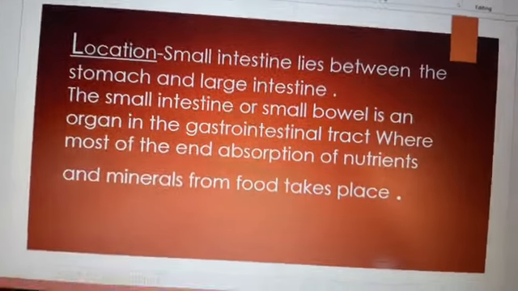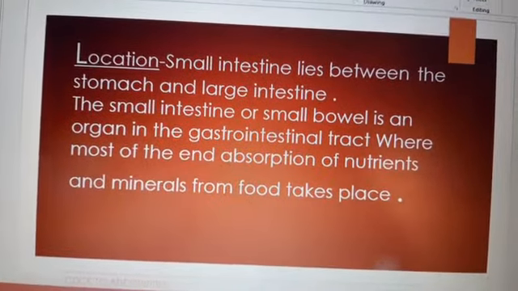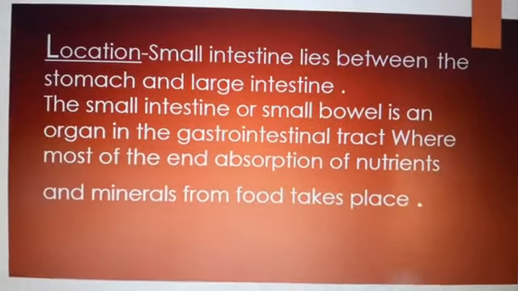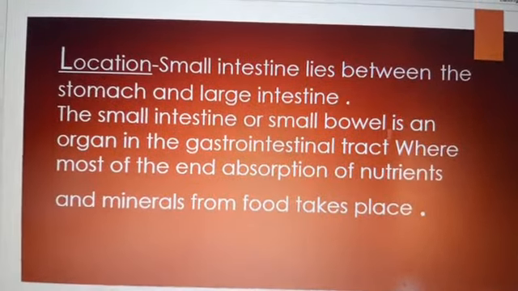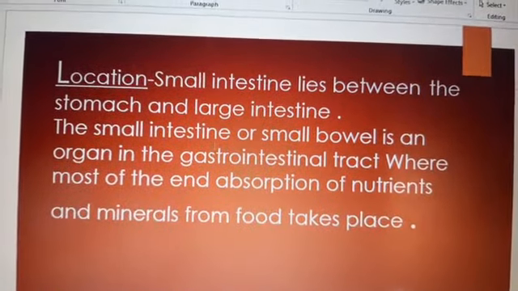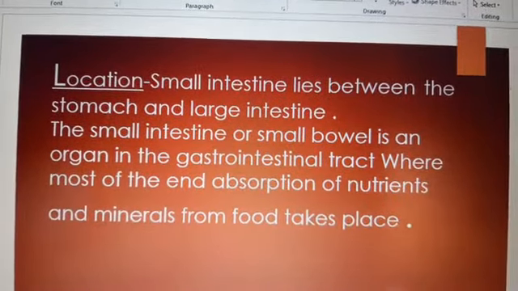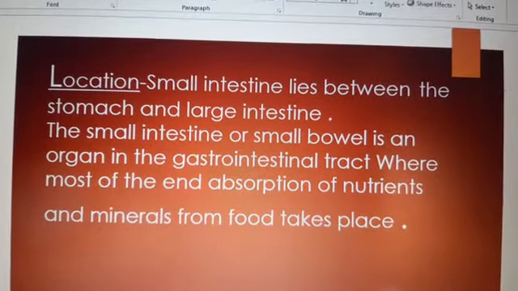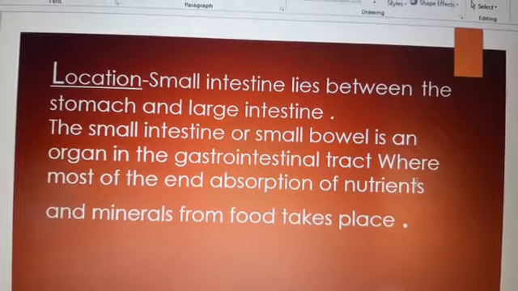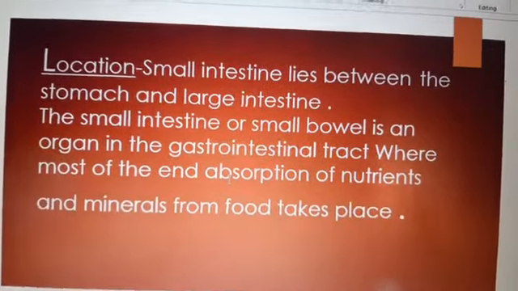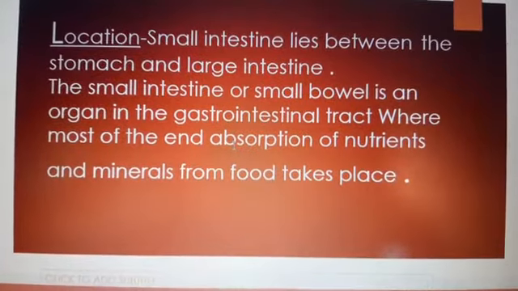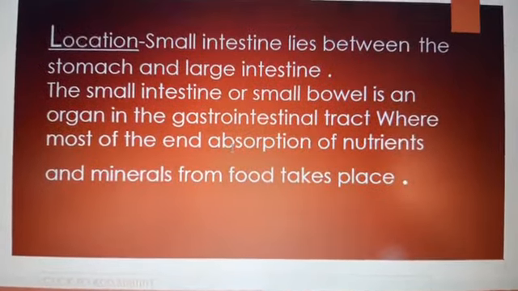We already know the small intestine lies between the stomach and large intestine. The small intestine, or small bowel, is an organ in the gastrointestinal tract where most of the absorption of nutrients and minerals from food takes place.